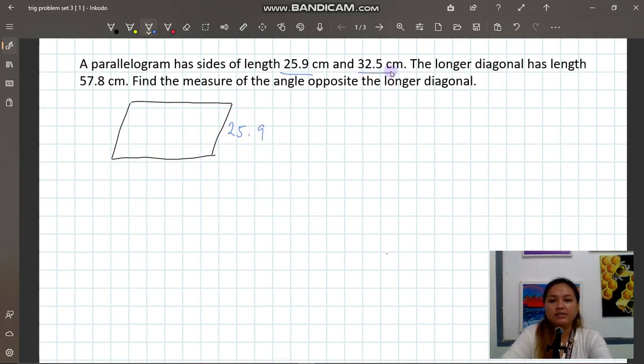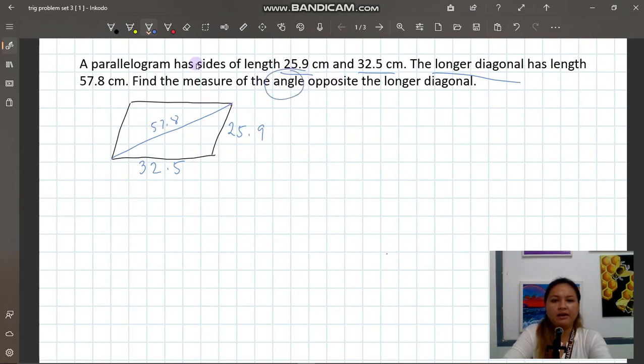And then the longer side measures 32.5 centimeters. Also given is the longer diagonal of our parallelogram. Our longer diagonal is this one, right? It is longer, and it measures 57.8 centimeters.